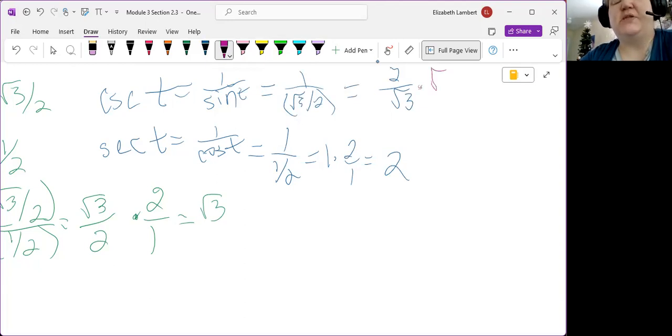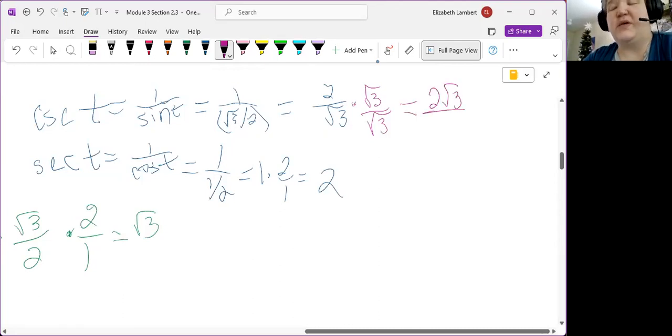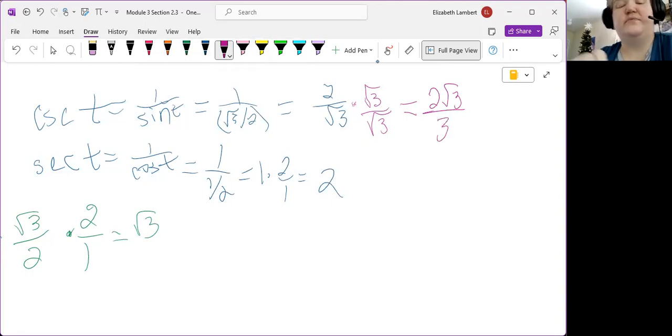So we're going to multiply by the square root of 3 over the square root of 3, a weird form of 1. The top will be 2 square roots of 3. The bottom, square root of 3 times square root of 3 is the square root of 9. Square root of 9 is 3. So we get 2 square roots of 3 over 3 versus 2 for the secant.